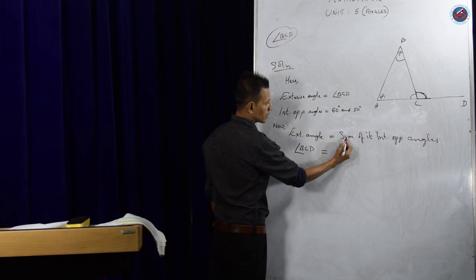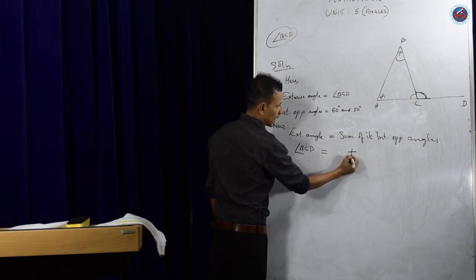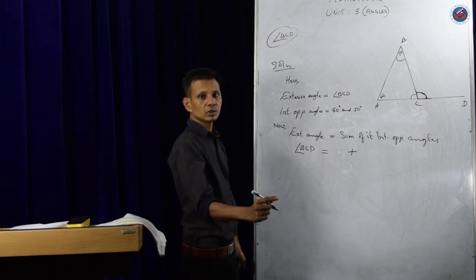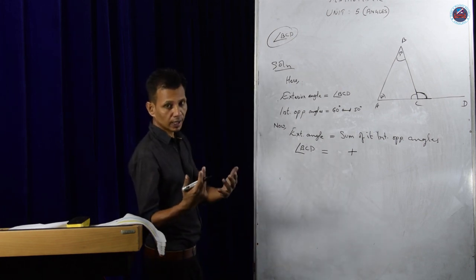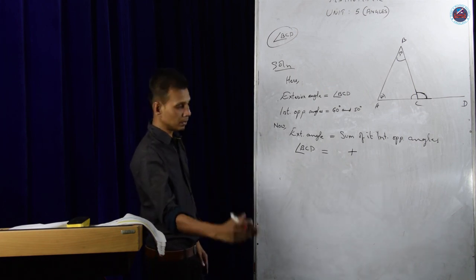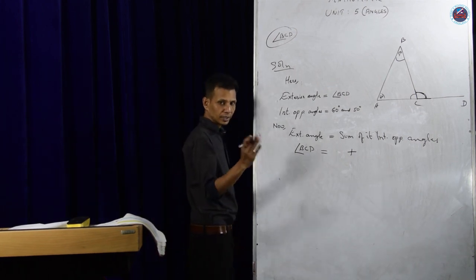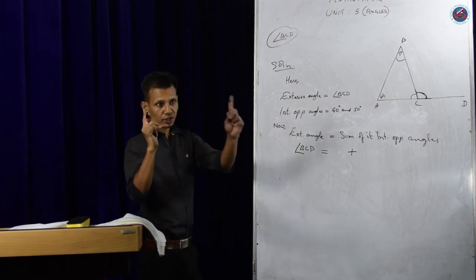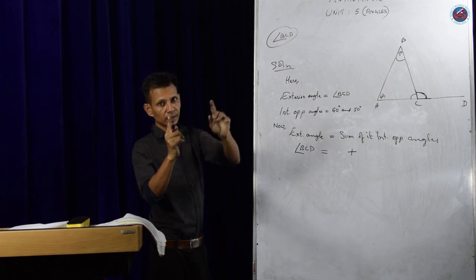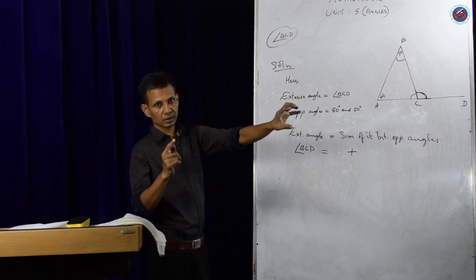Next, equal sign. Next, sum. Sum means the answer that you get after adding more than 1. Okay? If you add any number, the answer that you get is called sum. Only in addition. Okay? If you subtract 2 numbers, the answer that you get after subtracting is called difference.